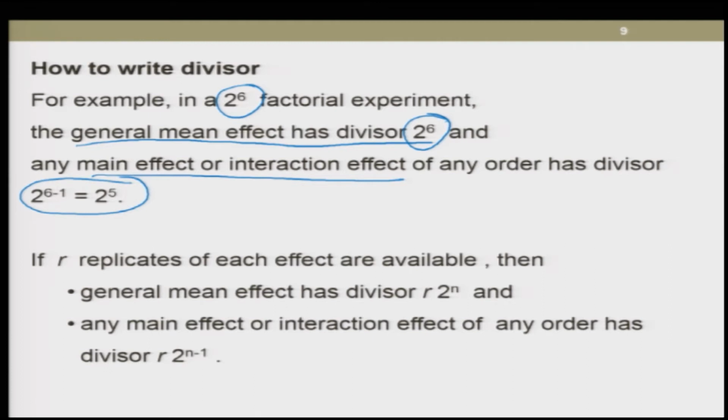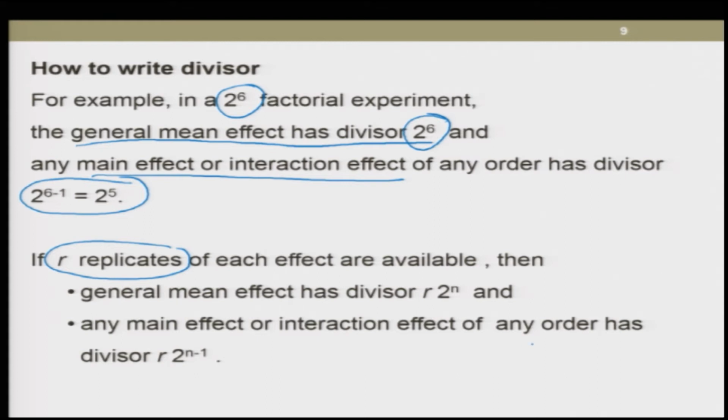Obviously, all these divisors I showed you are based on having only one observation. If I repeat the observation and suppose we have r replicates, then this divisor is going to be multiplied by r, because the average will then be based on each of those r replicates also.